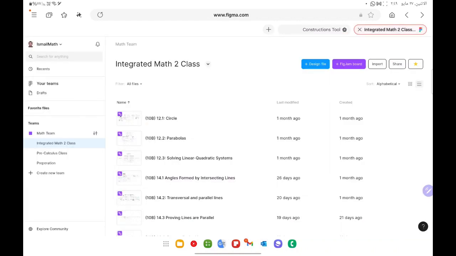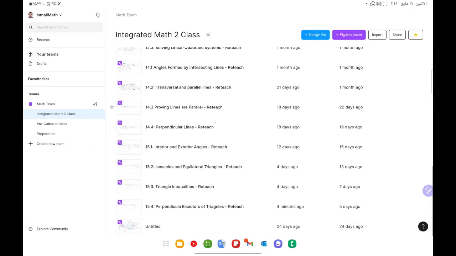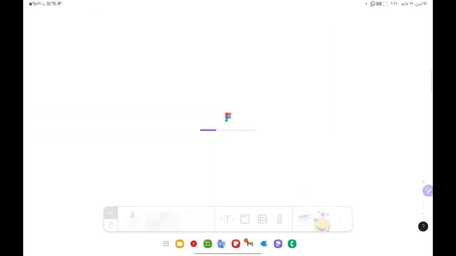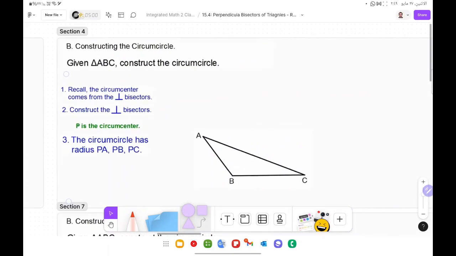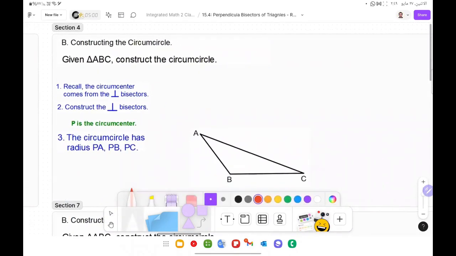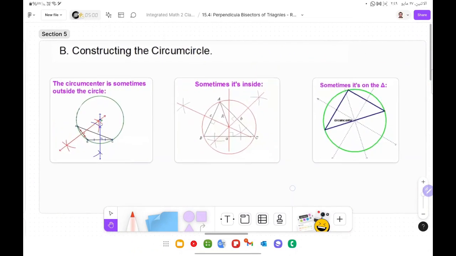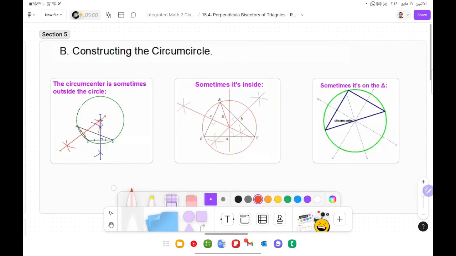Now let's go back here to the lesson, 15.4. What we are talking about here is how we can construct the line. But maybe someone asked me, teacher, you drew an obtuse triangle. Look at these three pages. If the triangle is an obtuse triangle as we did here, the circumcenter, which is the point B, will be outside my triangle.